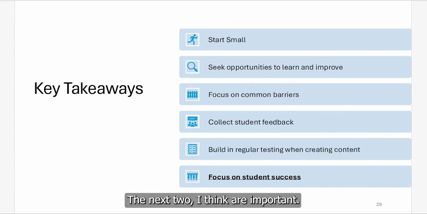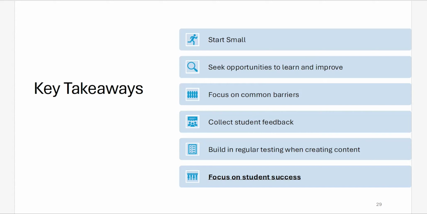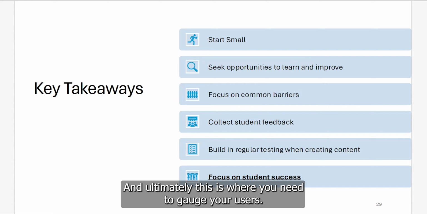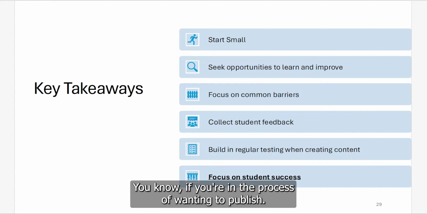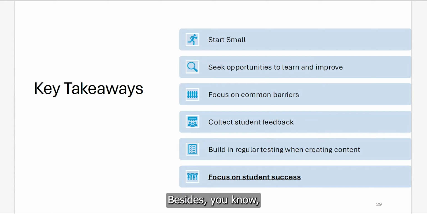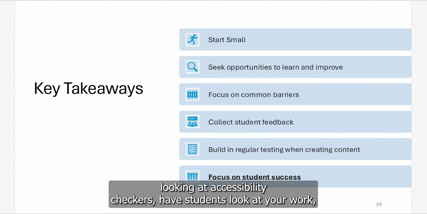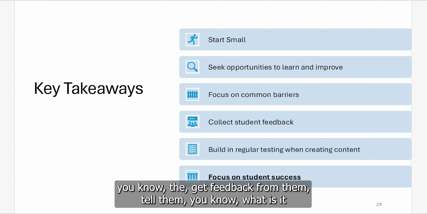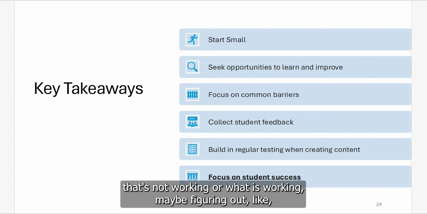The next two I think are important, and ultimately this is where you need to gauge your users. If you're in the process of wanting to publish, besides looking at accessibility checkers, have students look at your work. Get feedback from them. Tell them what is not working or what is working.